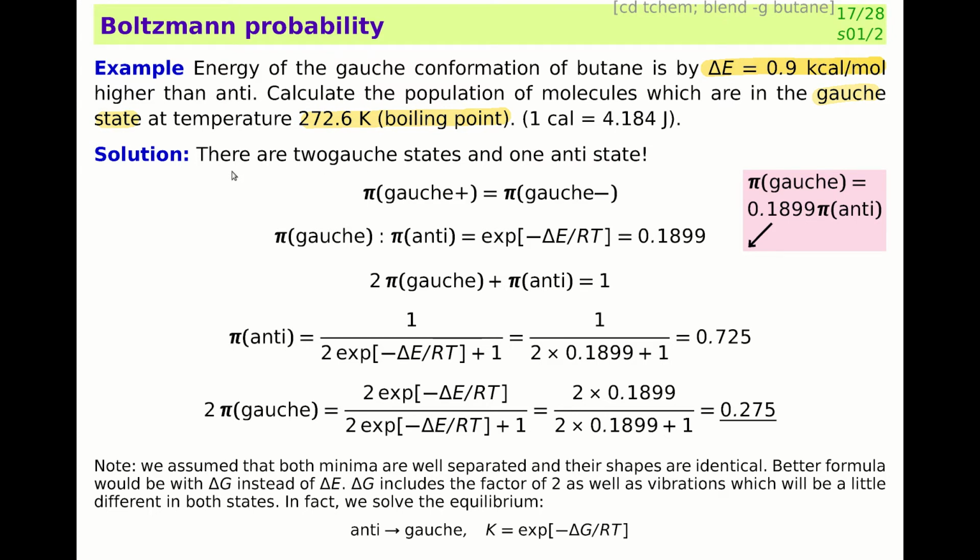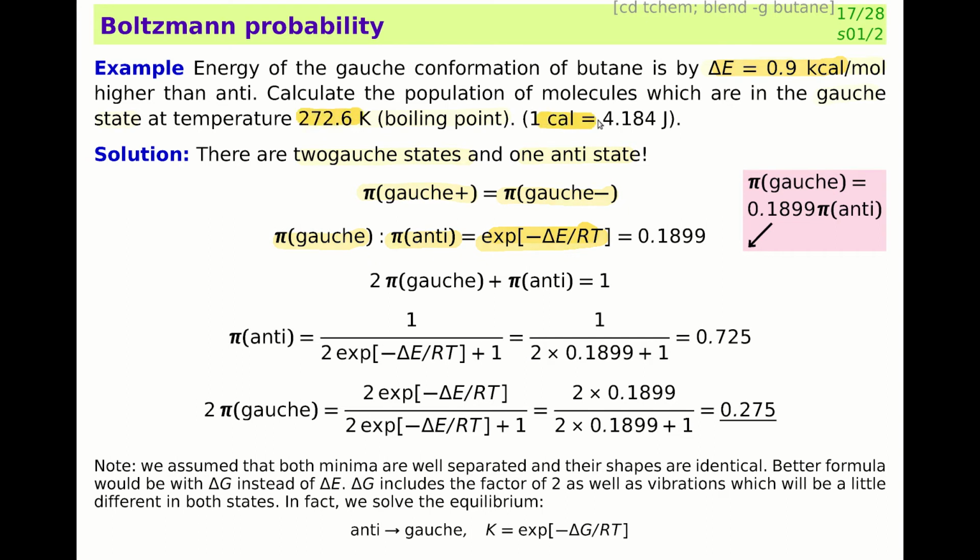Okay, how to solve it? First, we must realize that we have two gauche states and only one anti-state. So I can write that the probability of one gauche state, let us say gauche plus, is the same as gauche minus. But the ratio of probabilities of gauche to anti is given by the Boltzmann factor with delta E. This can be easily calculated.